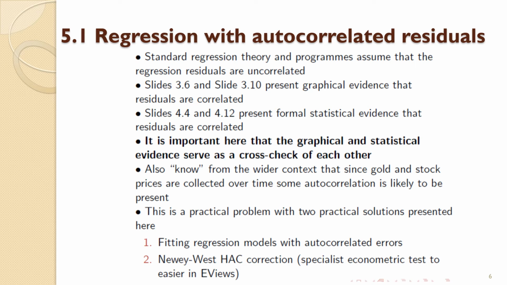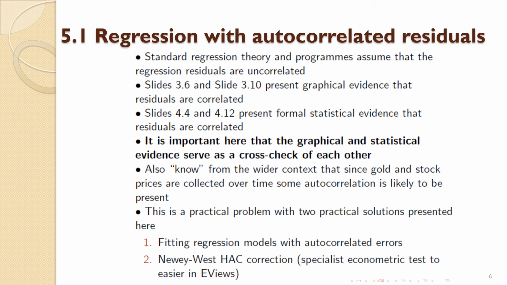Alongside that, we've now got formal statistical evidence that the residuals are correlated. And I think the thing to emphasize here is that you've got both graphical evidence and statistical evidence telling you the same thing. So they're serving as a cross-check of each other, and this is a really big deal when it comes to real projects.